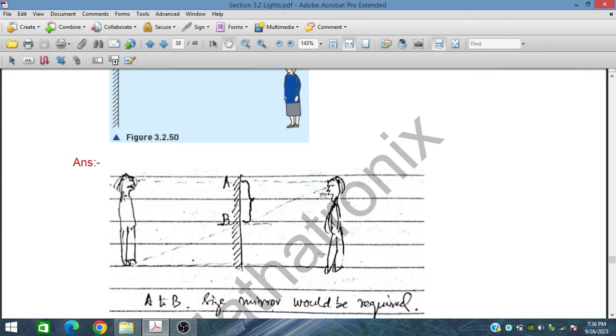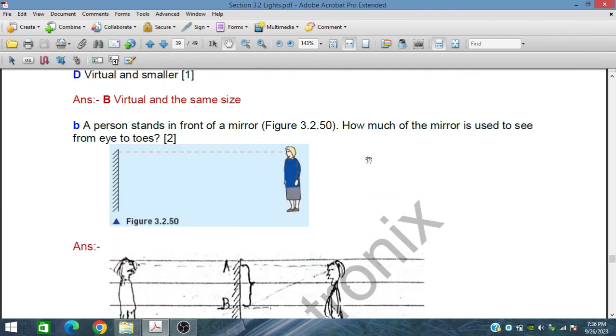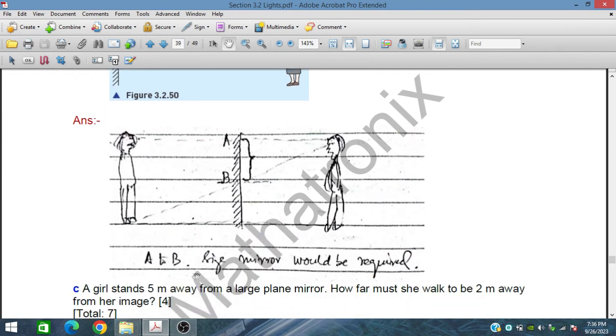So this much size of mirror will be required to see the whole body, from eye to toe. So A to B, this section will be required.